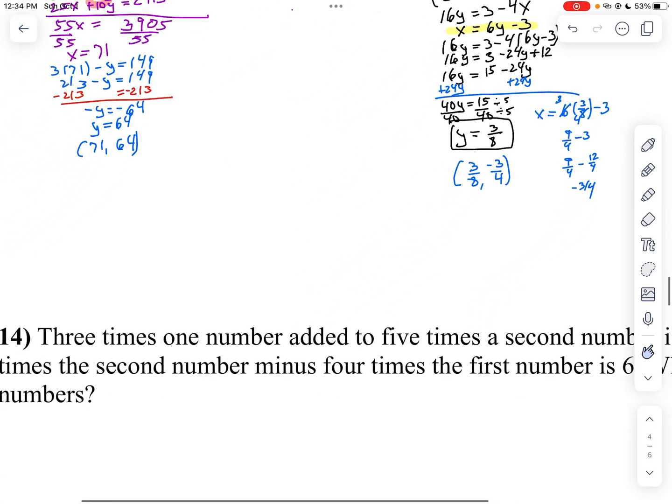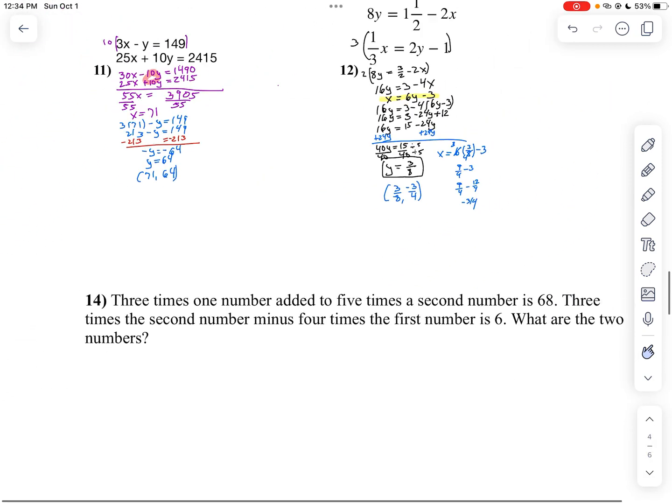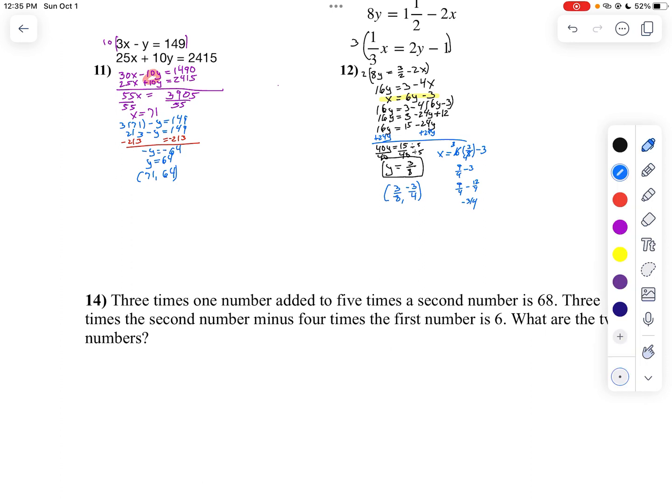Okay, on our next ones, it's fine to use graphing as long as we get a whole number. And we have to do some transforming from verbal to algebra. So 3 times one number, let's call the first number x, added to 5 times the second number, call that one y.